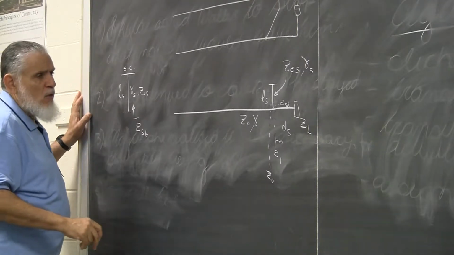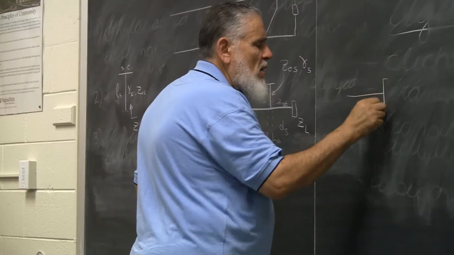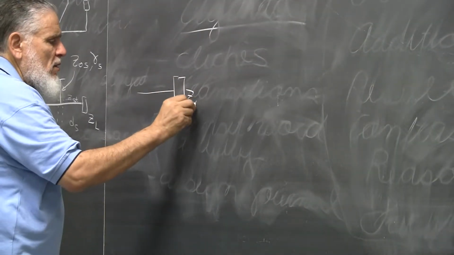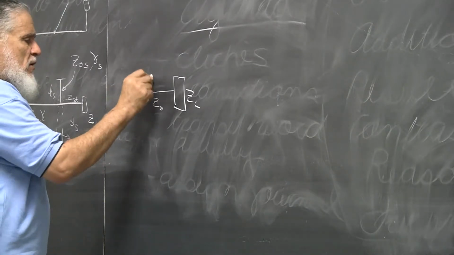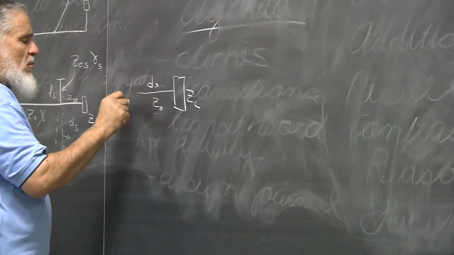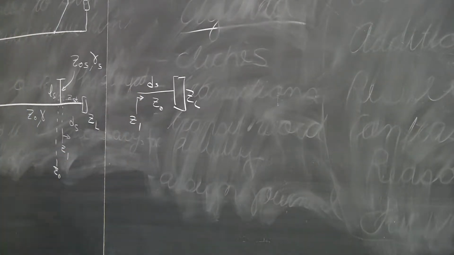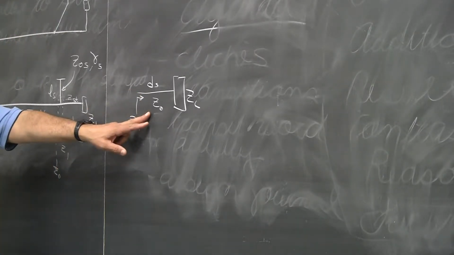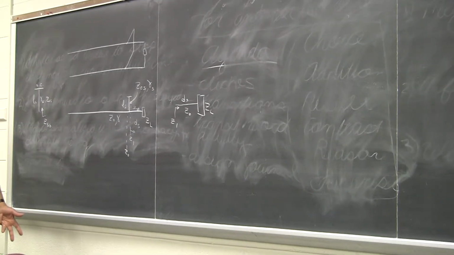Z1 would be, if I may draw it on the other side, ZL seen through Z0 of the line after a distance D where the stub is going to be located, and that's going to be Z1. If you write the equation here for Z1, you write the equation there for Z stub, combine them together and equate them to Z0, you have enough equations to solve for the unknowns, right?